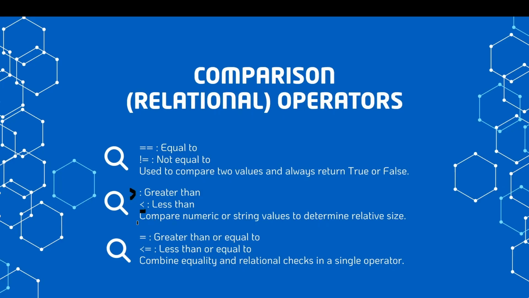So why do we use these operators? They help to compare a numeric or a string value to determine relative size. If you want to determine the relative size, or do operations related to quantity and so on, then we usually use our greater than and less than operators. Let's see some examples related to this one.